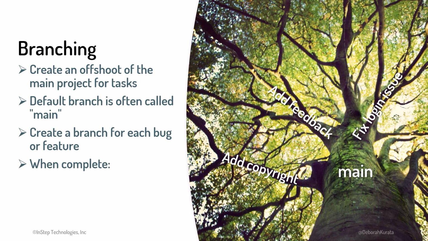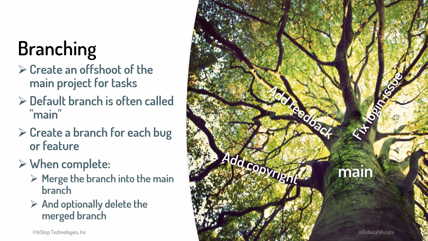When the code for the login issue branch is complete, we merge the branch back into the main branch and optionally delete the merged branch. We use branching to keep a working version of our code in the main branch and partially completed code in feature or issue branches. That way our main branch always has a working version of the code. But Git doesn't enforce this. It's up to you and your team to define if and how you'll use branching.